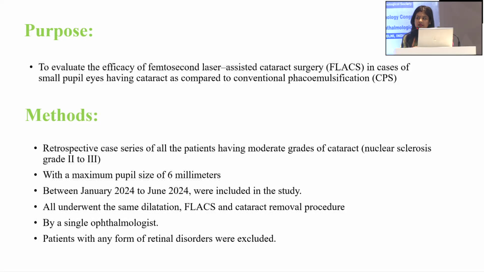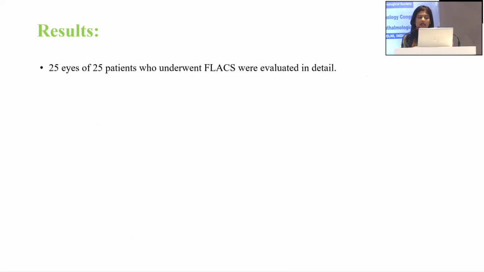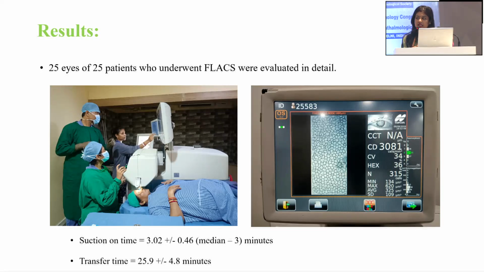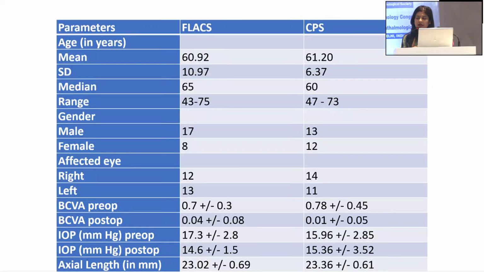All other retinal and co-ocular disorders were excluded. We took 25 eyes of 25 patients. We did all the specular microscopy after the FLACS to understand if there was any corneal damage after the laser emission. We took into consideration the suction on time as well as the transfer time, and we compared the baseline parameters in both groups.